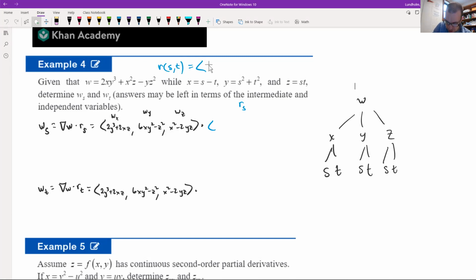So we've got S minus T and S squared plus T squared and S times T over here.